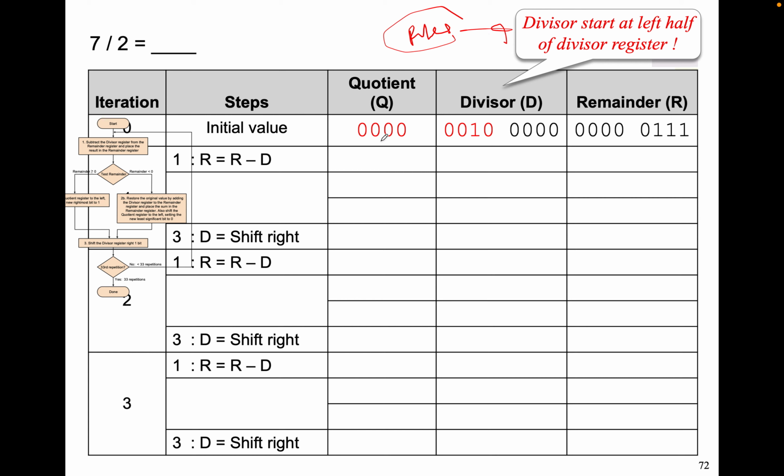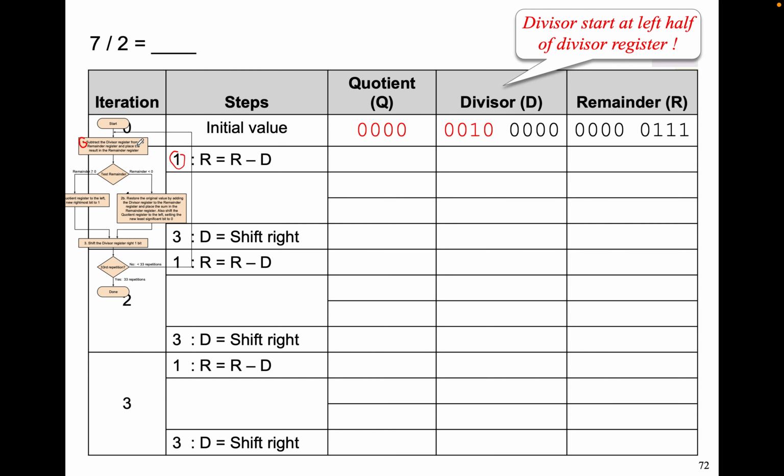And your quotient first will be 0 0 0 0, and this is the value for your 7. Now you can see, because this is your initial, you have the quotient, which you don't know. Basically at the initial value, your remainder will be 7 because you're not going to divide with anything.